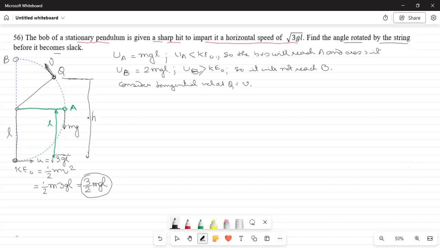Then the kinetic energy at Q, I shall write explaining the whole thing to you.